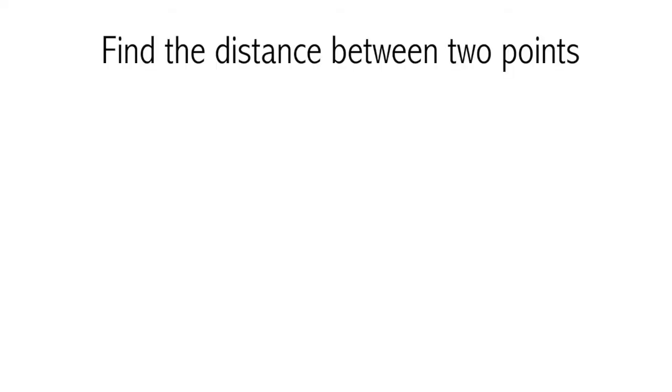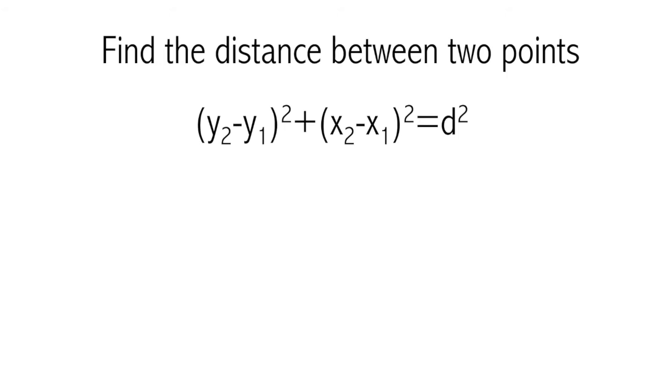When you have to find the distance between 2 points, the formula is y2 minus y1 the whole square plus x2 minus x1 the whole square is equal to d square. So let's assume our 2 points are 5, 8 and 2, 3. So why this thing works is we can see that we can draw a right angle triangle with this being the hypotenuse.